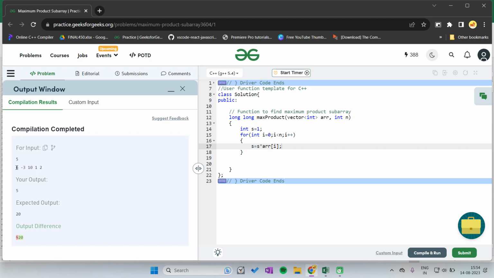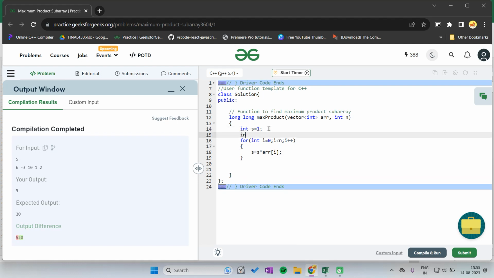It's not necessary that the whole product is the answer. So I am making one pointer from the start and one pointer moving from the end, and I'm saying either this side the max product is, or this side the max product is.